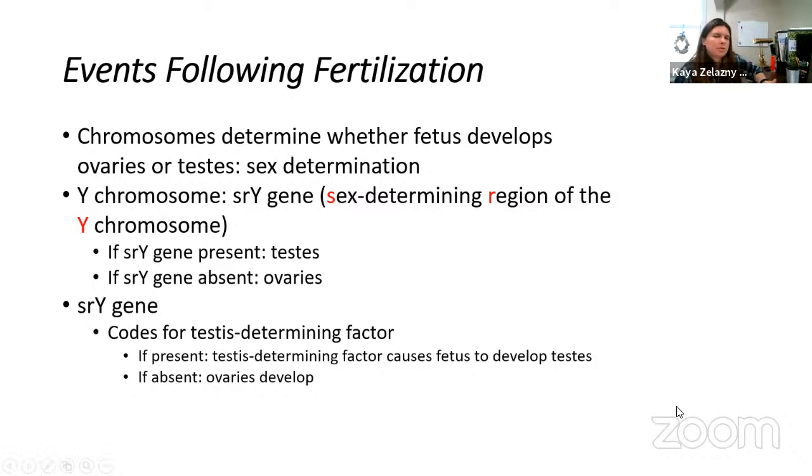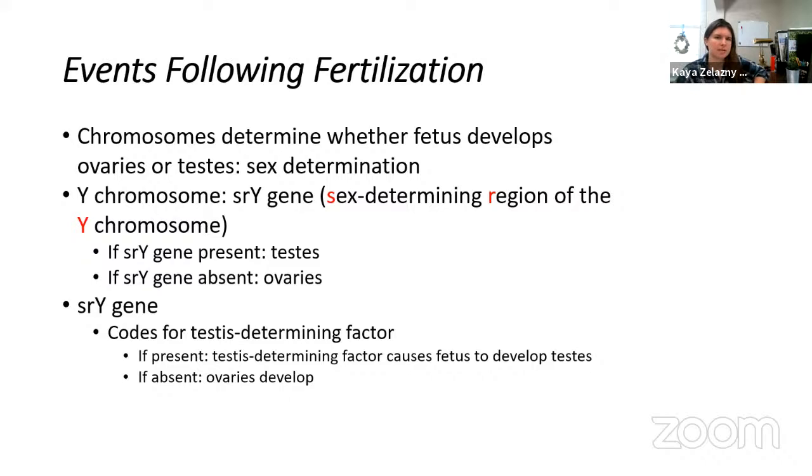Usually, the typical way it works when it's working is that chromosomes determine whether a fetus develops ovaries or testes, and then the hormones that those ovaries and testes produce lead to a cascade of effects in people. So really what we focus on is the presence or absence of a Y chromosome.